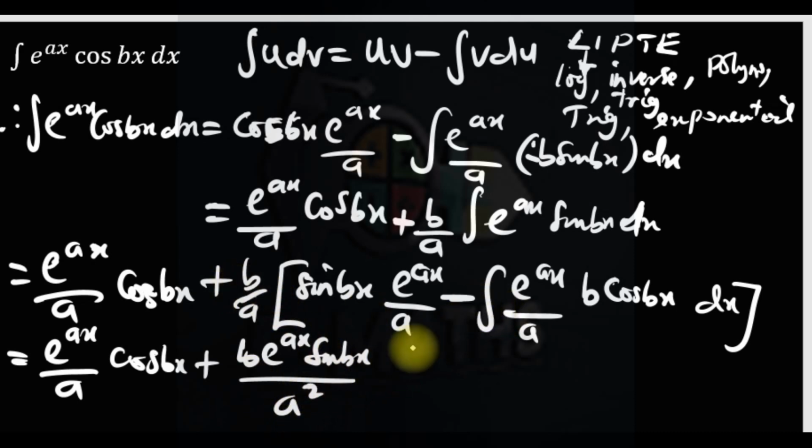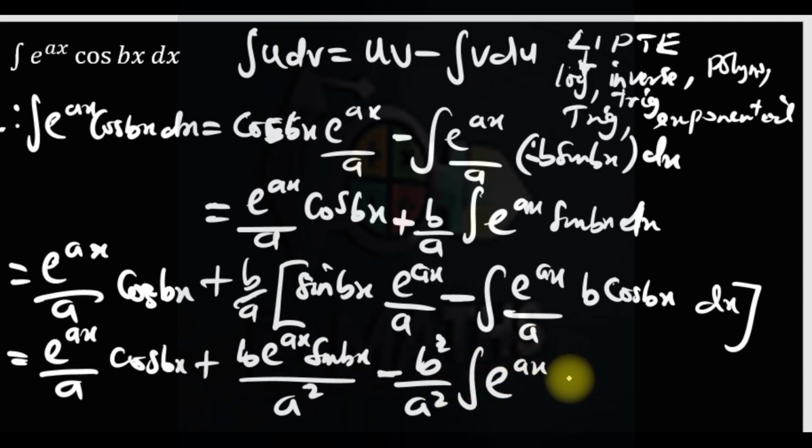This times that is now minus b times b, that's minus b squared over a squared, times the integral. Plus times minus is minus, b times b is b squared, a times a is a squared. So we're left with the integral of e raised to power ax cos bx dx.